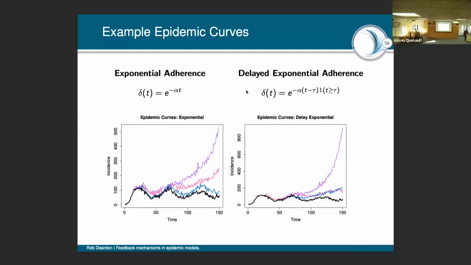Maybe a comment more than a question. In non-pharmaceutical interventions, there's an interesting classification of measures that reduce contacts between people, like social distancing measures, and measures that make contact safer without changing the contact rates, like face masks.